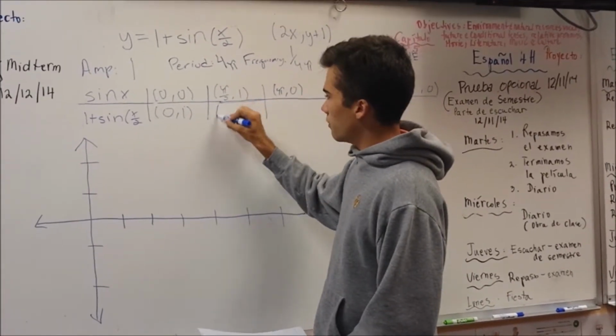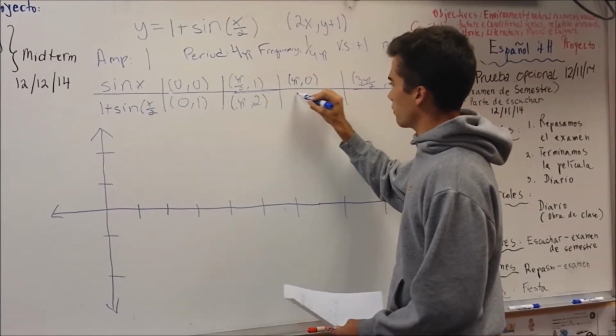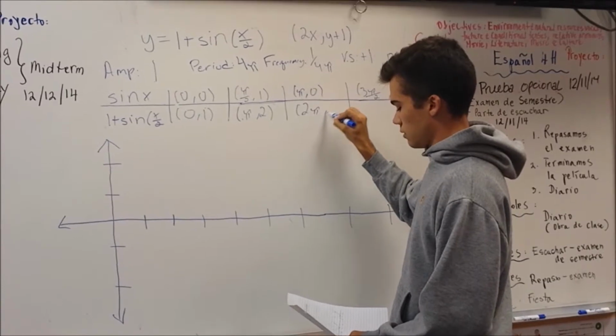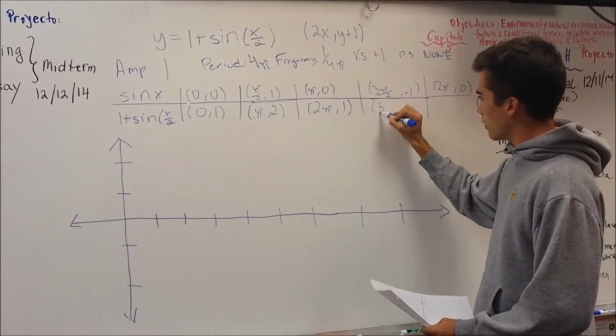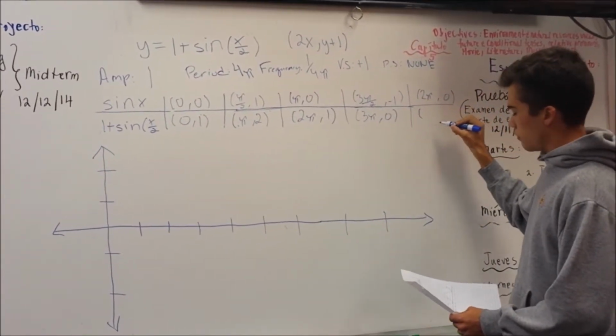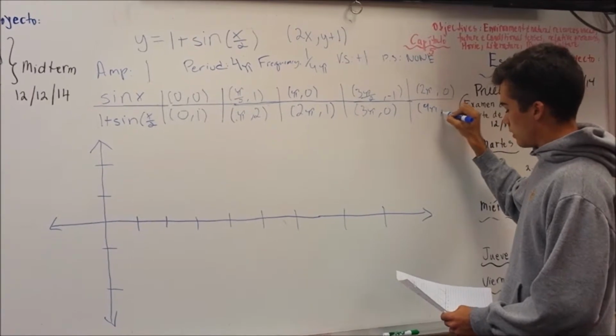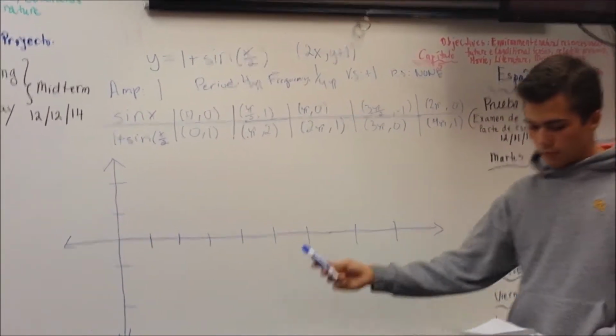The second coordinate will be pi, 2. The third coordinate will be 2 pi, 1. The fourth will be 3 pi, 0. And the fifth will be 4 pi, 1. So we can use these points as our reference points for the graph.